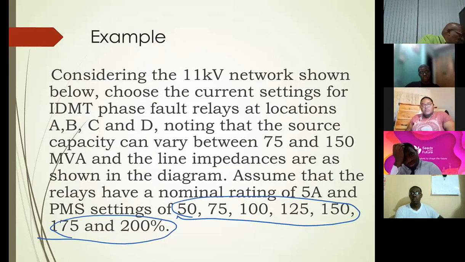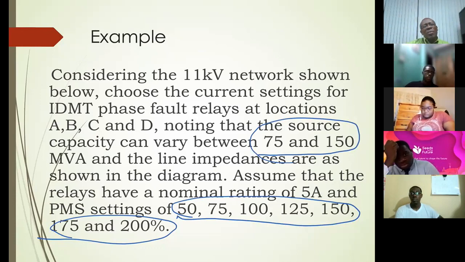Now, in terms of what we have up here, what do we mean by the capacity changes from 75 to 150? Remember, I explained that in terms of your feeder, that will be coming from a substation, which means that it is being fed by a transformer. Agreed?